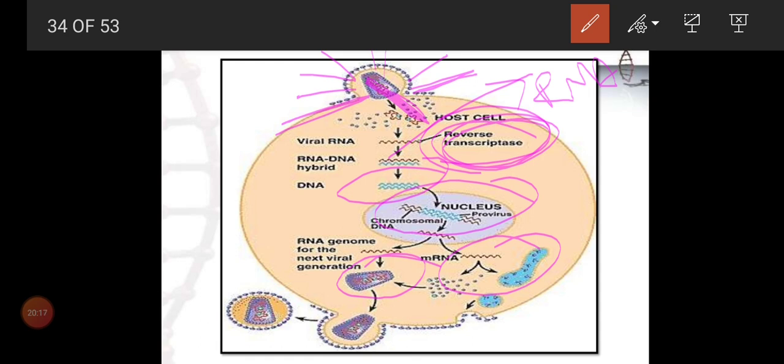If it is RNA, it will go for reverse transcription, so you will get complementary DNA, cDNA. This cDNA will mix with the nucleus chromosome of the host cell, and after blending, it starts to give commands and forms messenger RNA. This messenger RNA will form the protein of the virus.